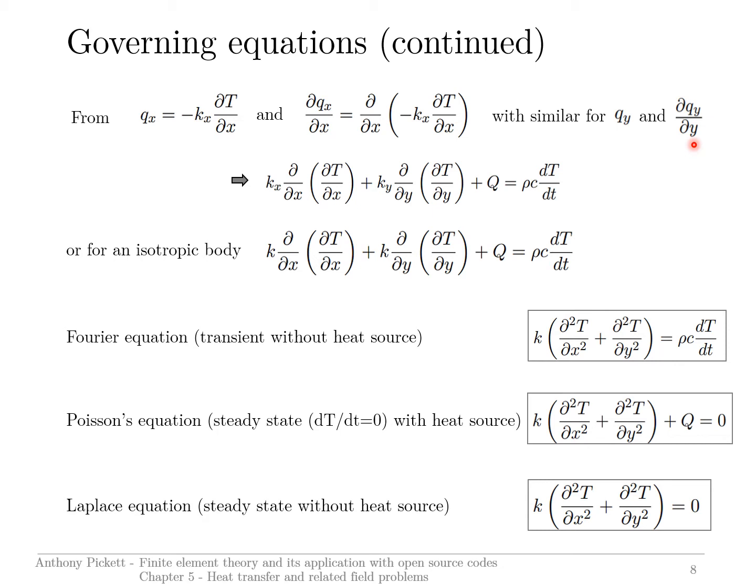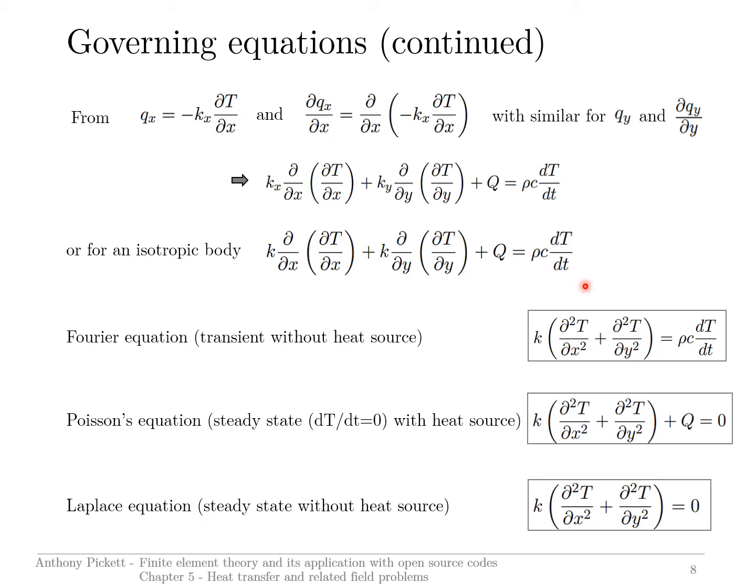Now if you feed those into that previous expression and you simplify, you end up with these two expressions here. This will be for an orthotropic material with different conductivities in the x and the y direction, and this would be for an isotropic material where we have the same conductivity in both directions.